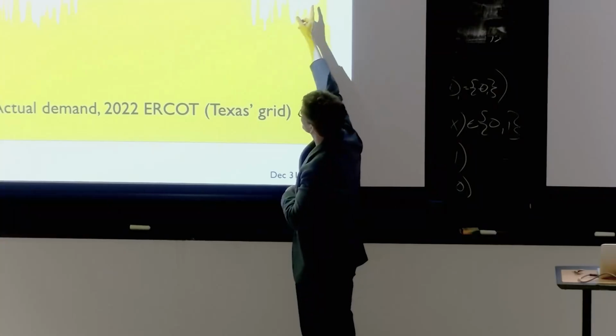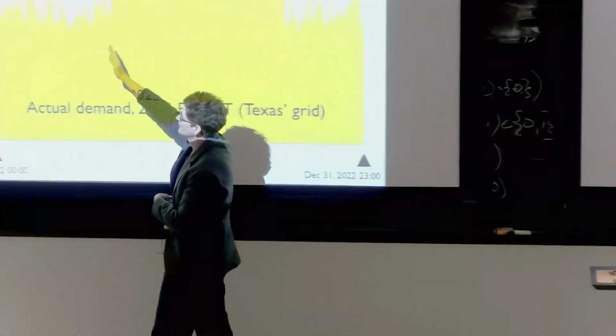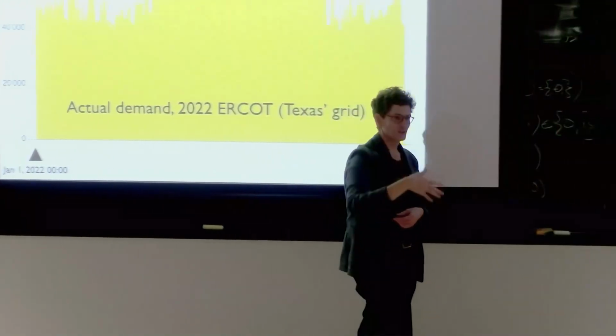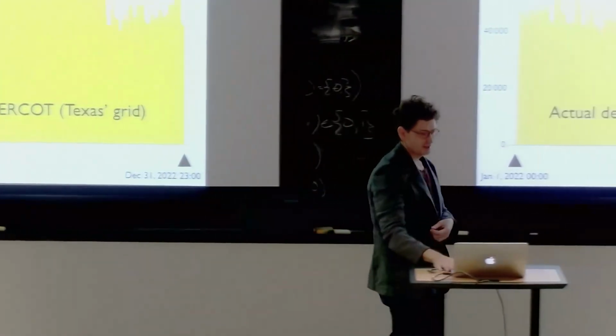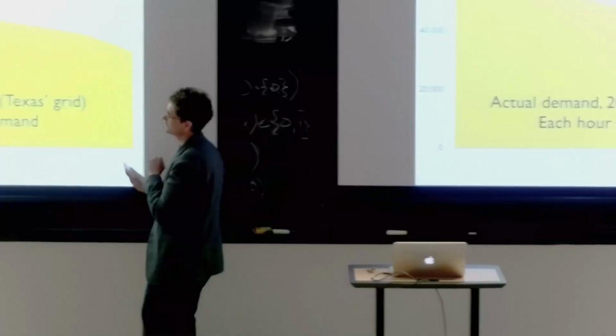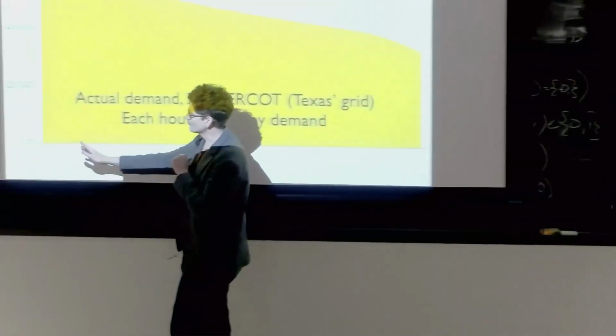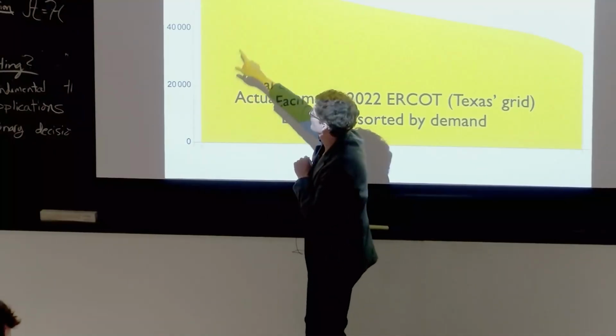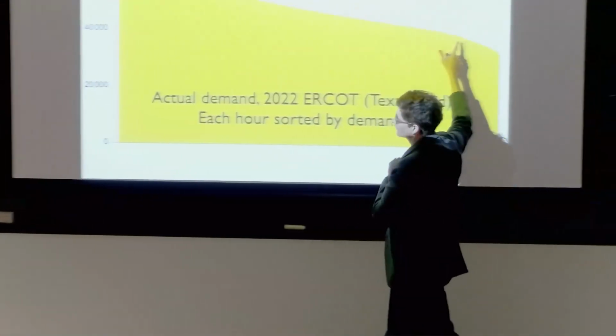I can take this and start sorting these by how high they are. So I'll sort these bars from highest to lowest. And here I'll just do the sort. There they are. So this is all the same bars, and I've just sorted them on the graph. And now it's telling me how many hours of the year I'm using 80,000 megawatts and how many hours I'm using 40,000 megawatts.